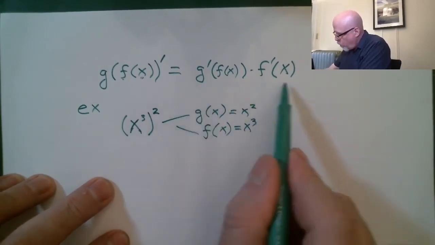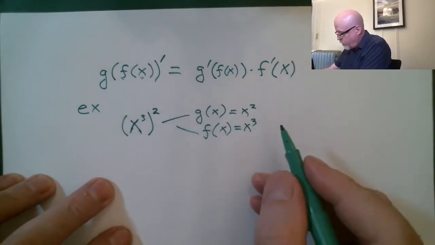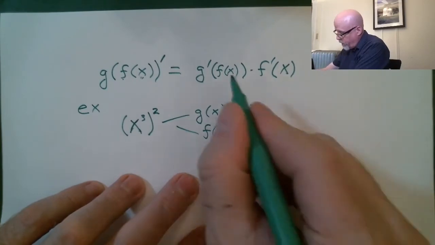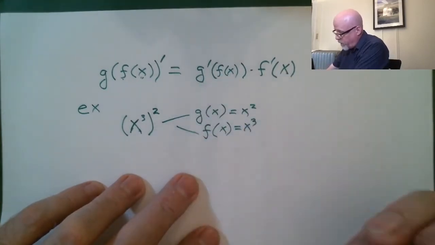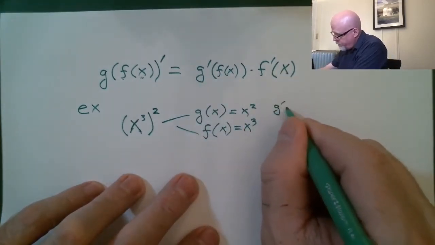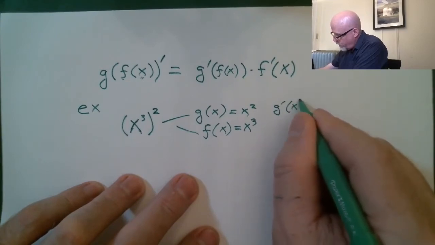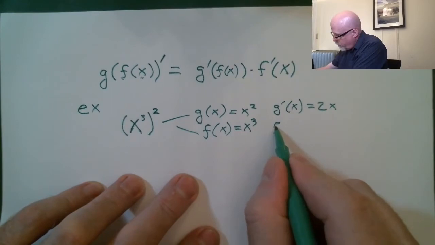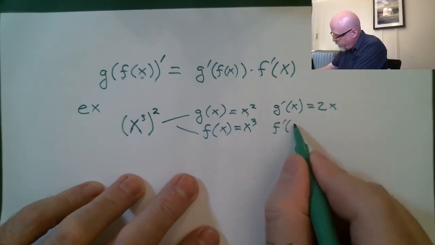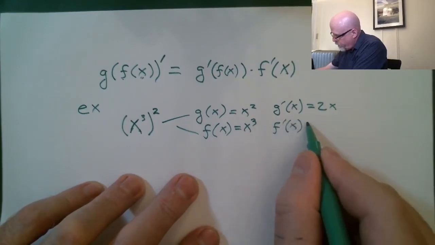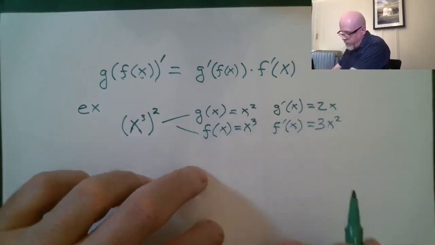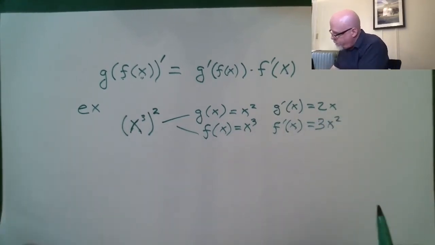So if I'm going to use that formula, I'm going to need to figure out g prime and f prime, aren't I? g prime's easy. Derivative of a squaring is doubling, 2x. And f prime, its derivative is 3x squared. Power rule, right? 3 comes out front, the exponent goes down by 1.